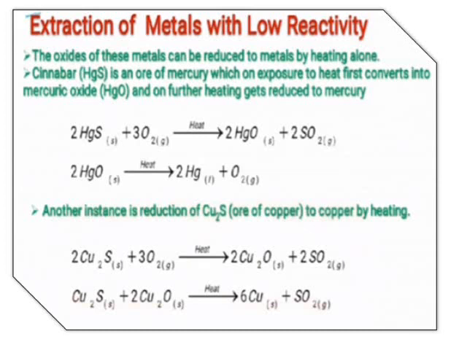Then on further heating, HgO, that is mercuric oxide, is separated as mercury and oxygen. So the equation is 2HgO gives on heating 2Hg plus O2. So this is how mercury is being separated from its ore.